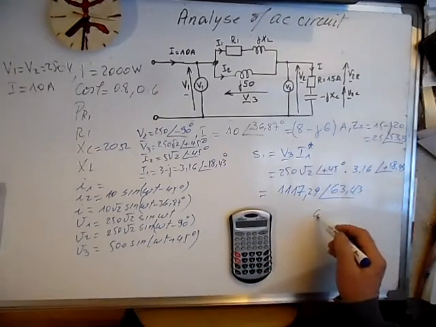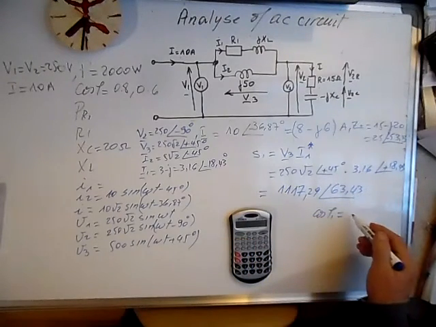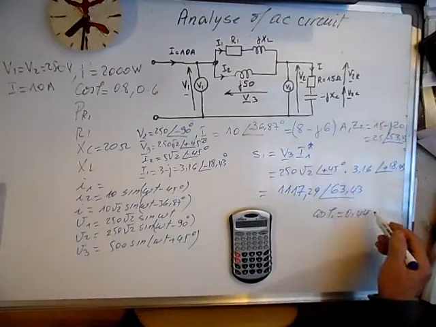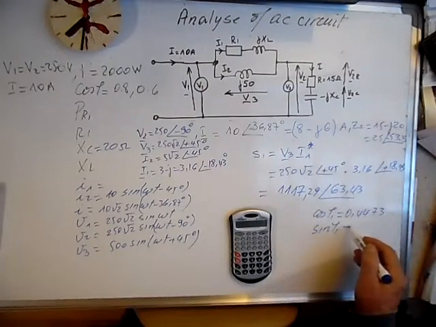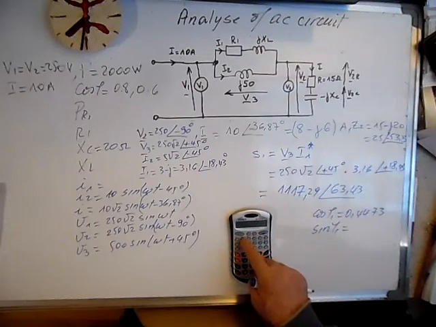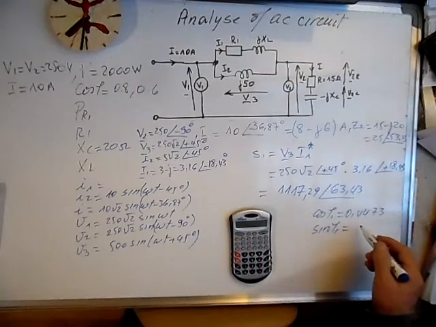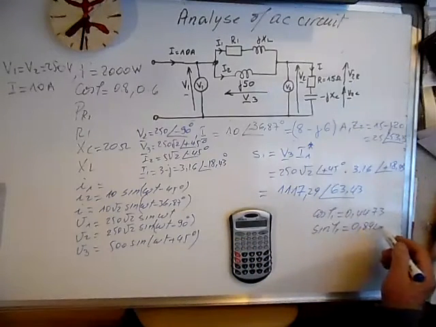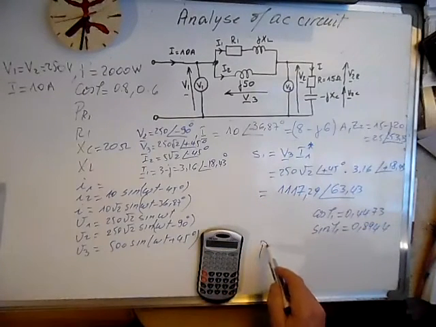We can calculate cosine phi1. This is 0.4473, and sine phi1 is 0.8944. From this we can calculate P1.